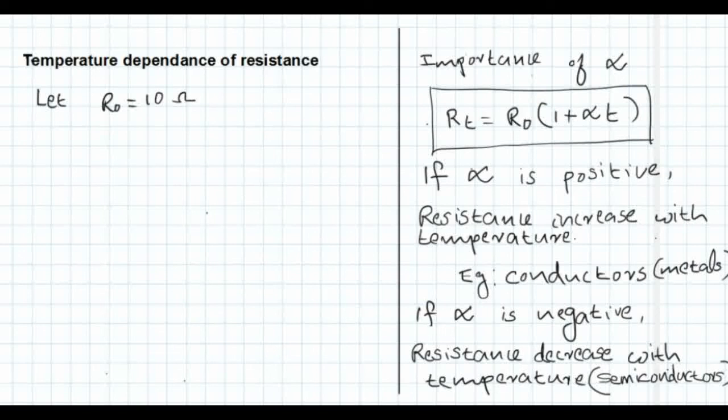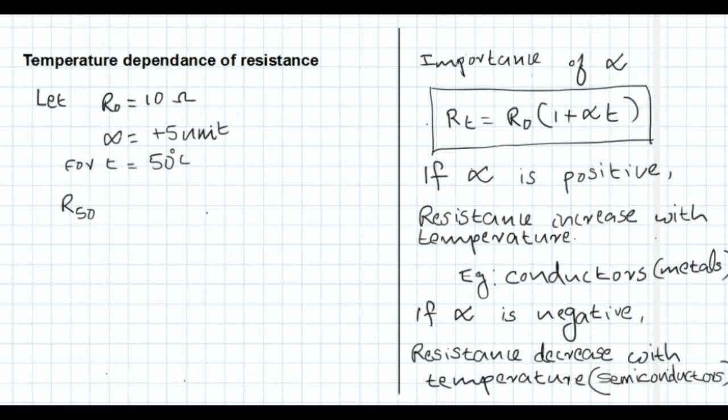To make it more clear, let R0 be equal to 10 ohm. We assume that for a material, the value of R0 is 10 ohm, and first we take a positive value for alpha. Suppose alpha is equal to plus 5 units, and the temperature is, say, 50 degrees Celsius. So for a positive alpha, what will be the value of RT?